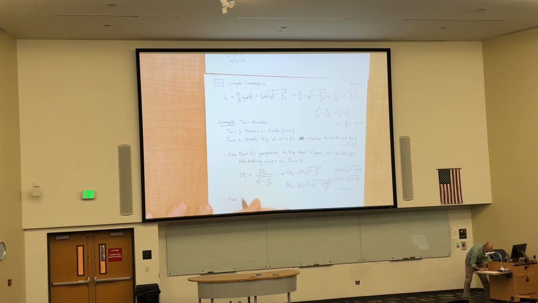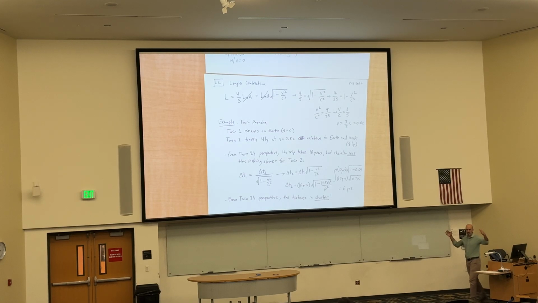Okay, let's do it from twin 2's perspective. From twin 2's perspective, the distance is shorter. That's because she's traveling at 8/10 of the speed of light, right?